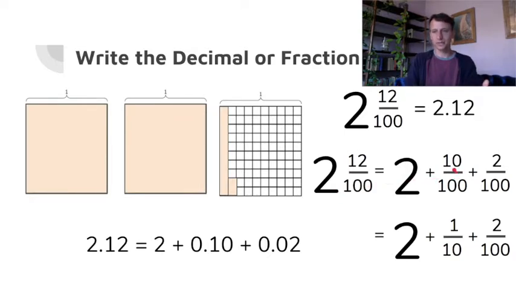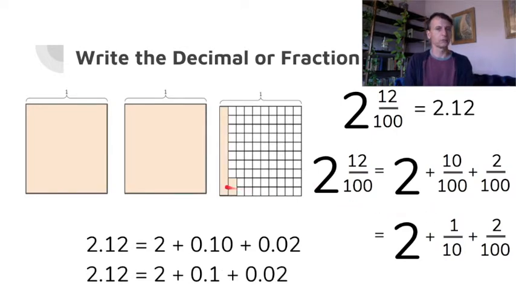Same thing we did over here. 10 hundredths we can simplify to 1 tenth. So there we are in decimal form. 2 and 1 tenth and 2 hundredths will give us 2 and 12 hundredths. All these are equivalencies. They're all equal. Different ways of breaking down, writing, expressing the same value.